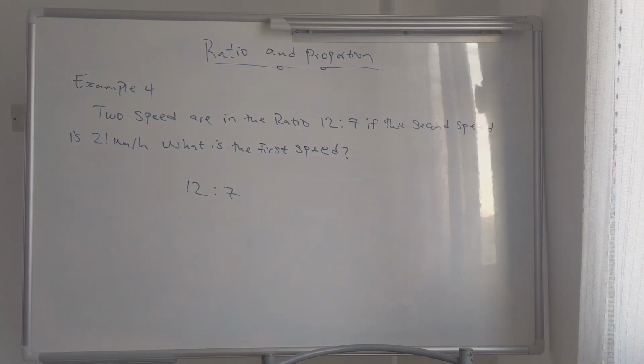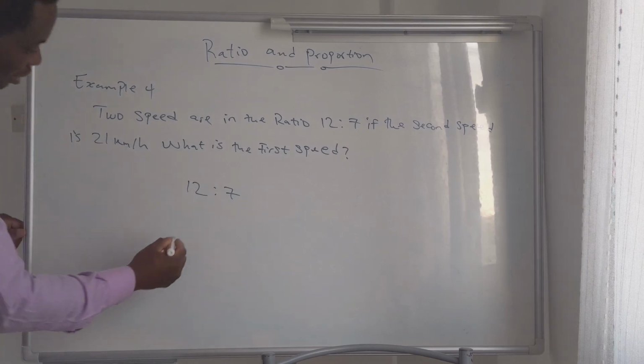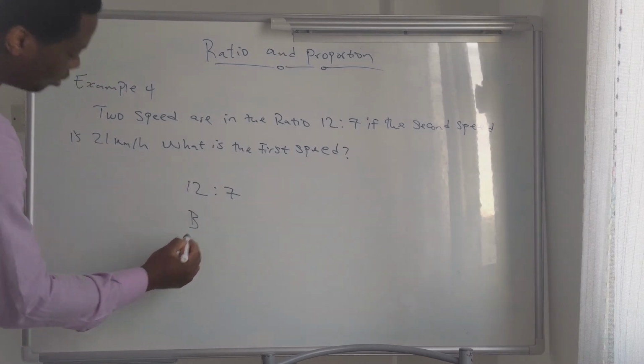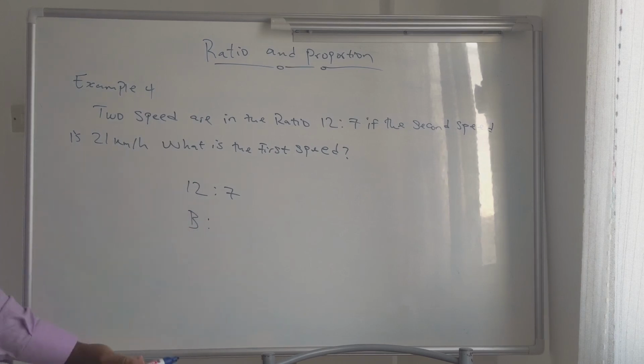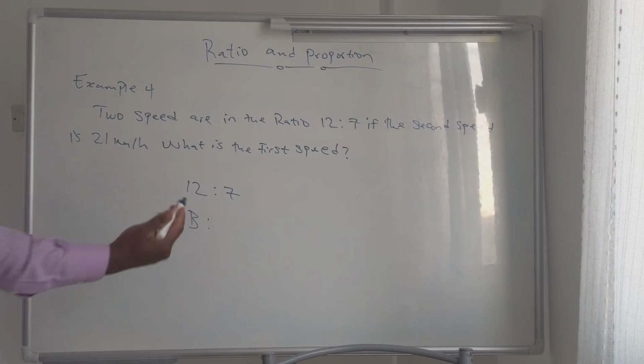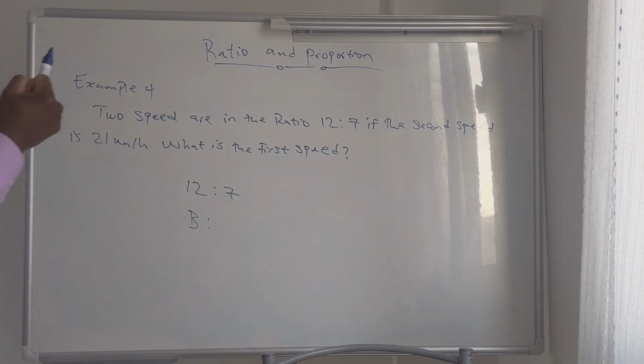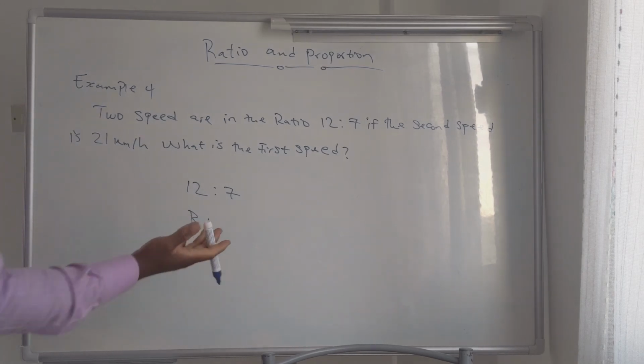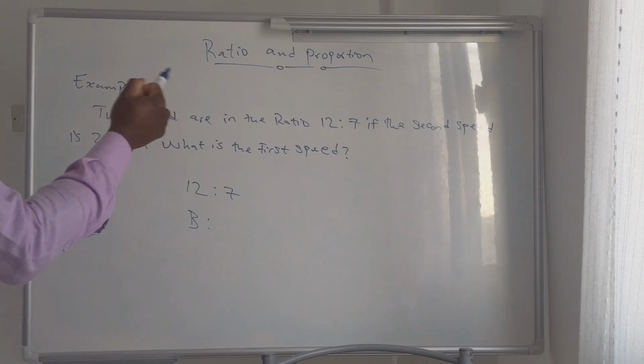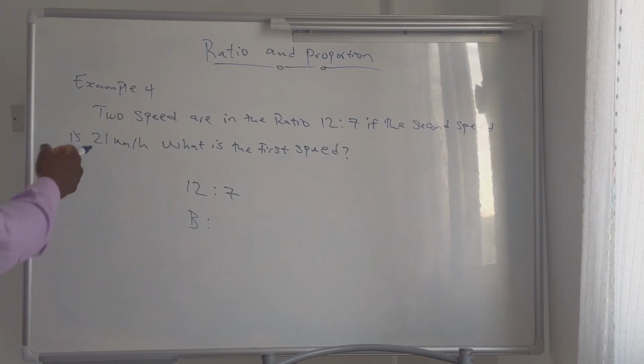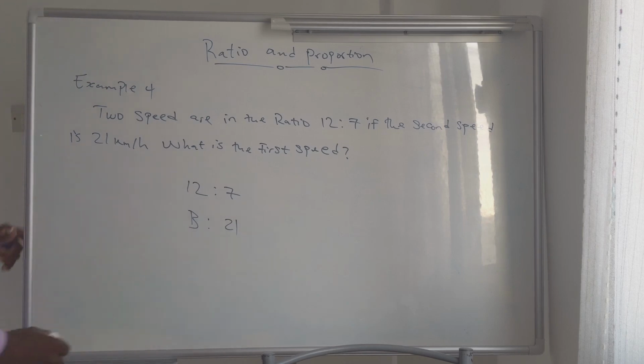The first speed in this question we don't know, so we can say that should be B, an unknown number that we're trying to solve for. We're trying to look for the first speed B.